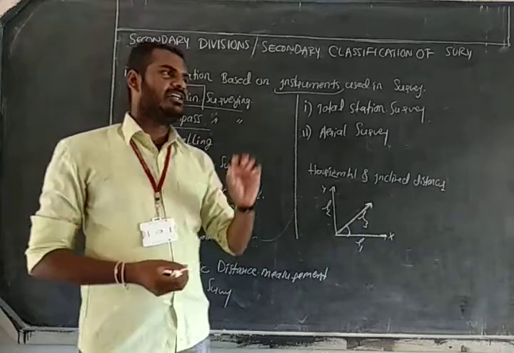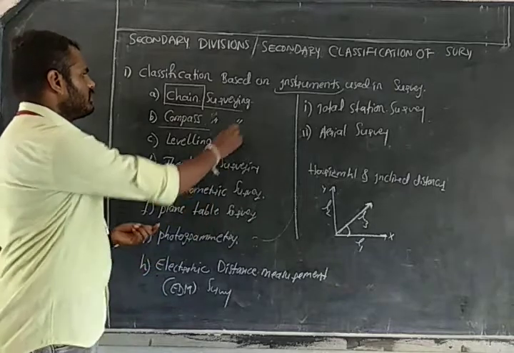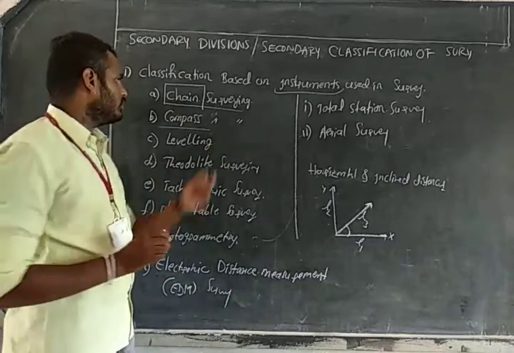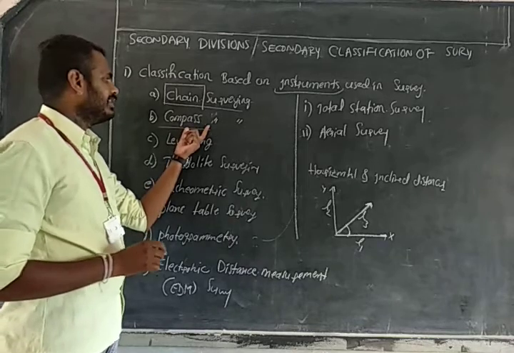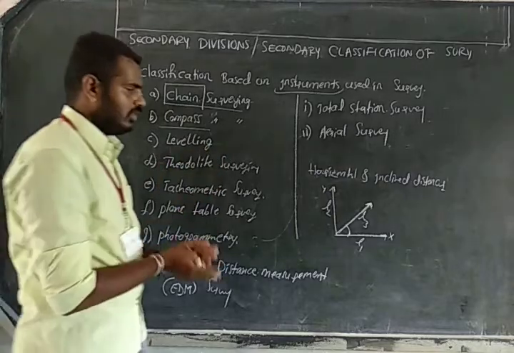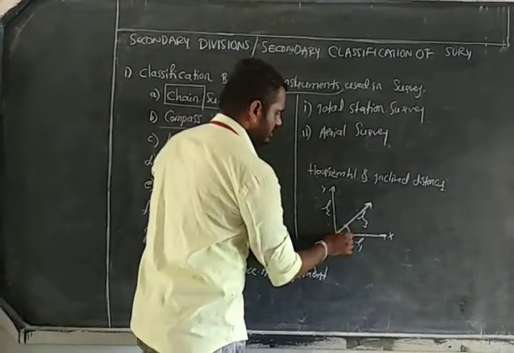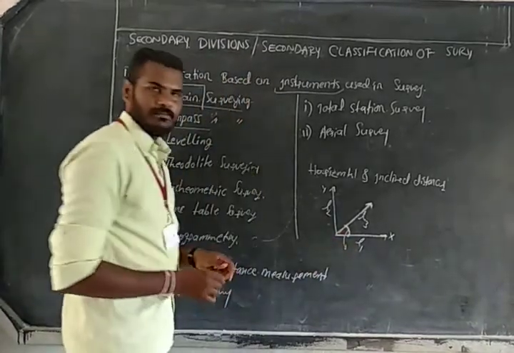To measure the angular measurements, we use this compass survey. Compass is an instrument useful to measure the horizontal angles between any lines. If you want to measure the angle between these two lines, we need to use the compass.